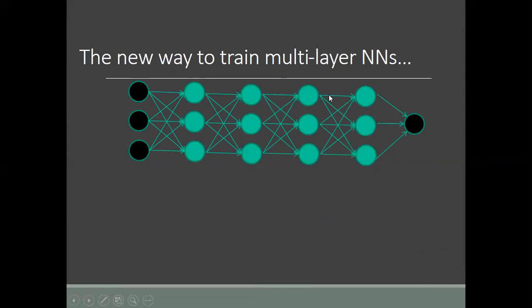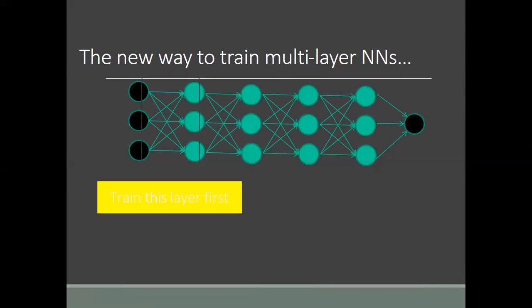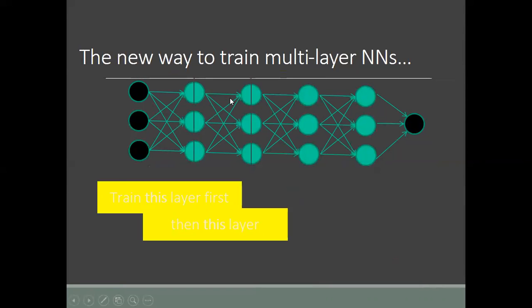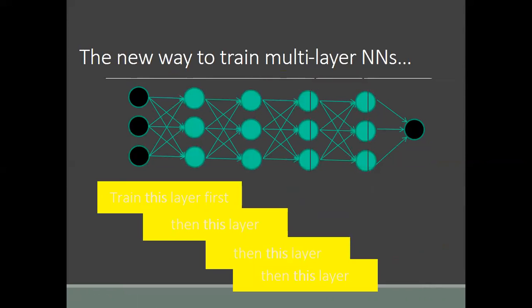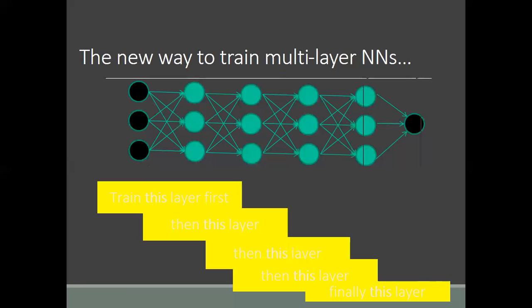So here the weight adjustment is required. That is why we have multiple layers. We train the first layer, then the second layer, this layer, and this layer. And finally we get to that. So it is repetitive, and for all the nodes it is one epoch, right?